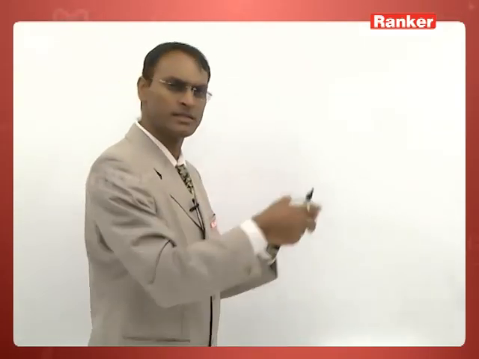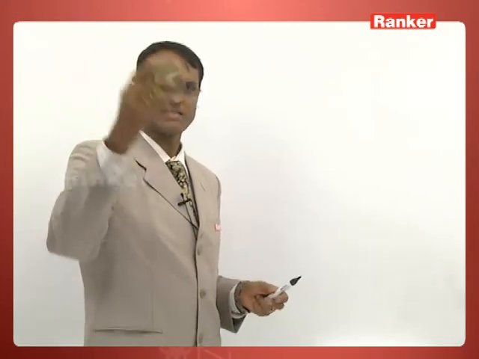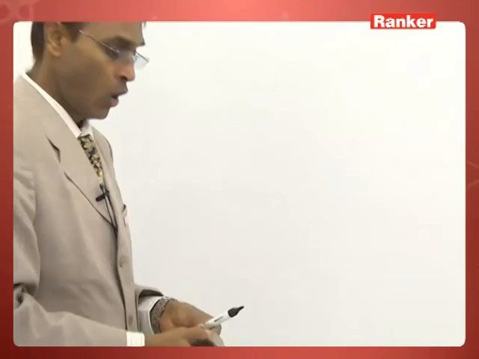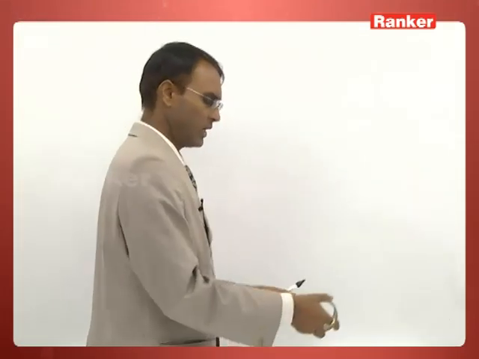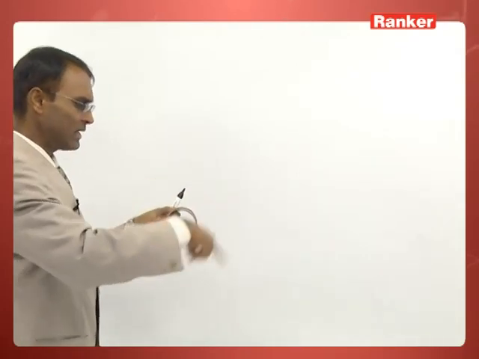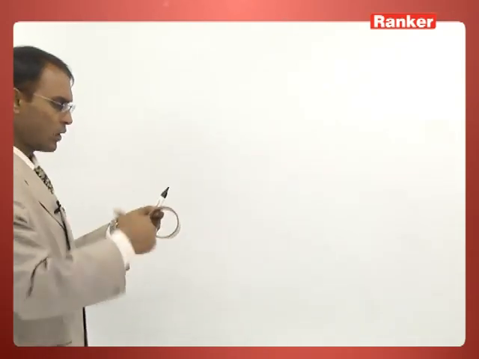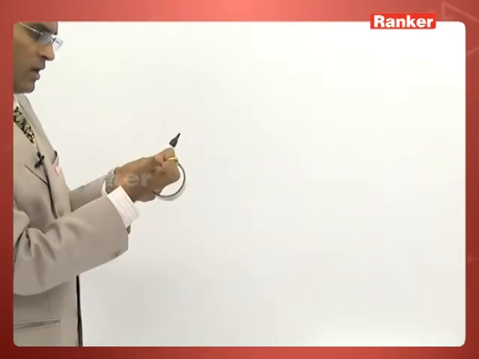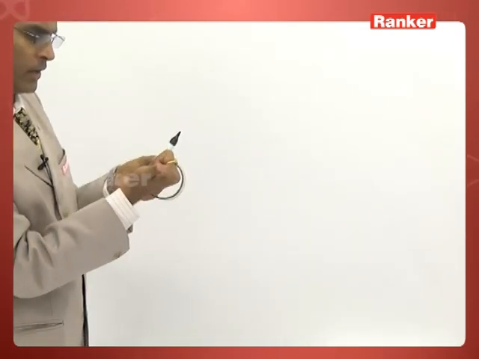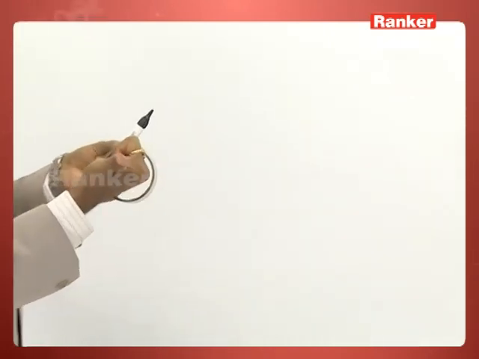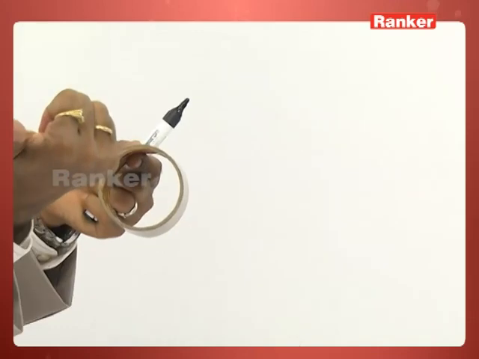Well, let us take another illustration. I take this rail and rotate it. When I rotate it, it rotates in the anticlockwise sense. Rotation is anticlockwise, or the omega vector is pointing along the positive z direction.